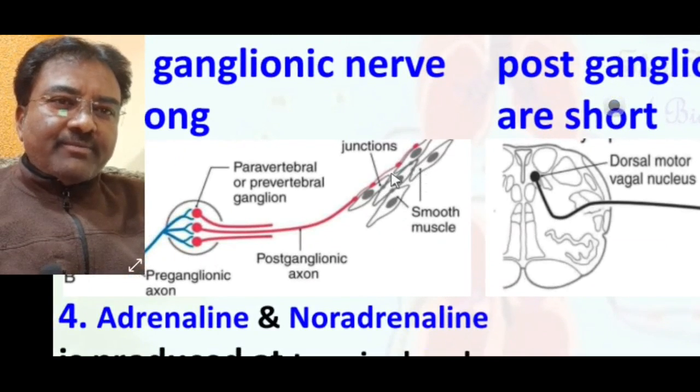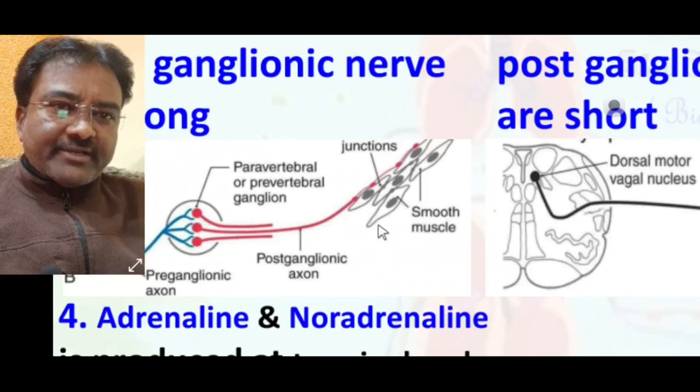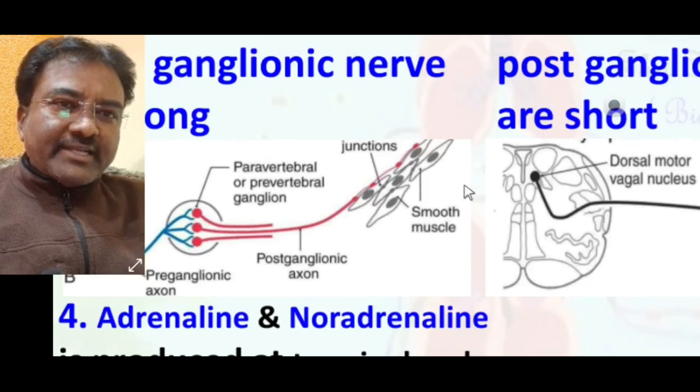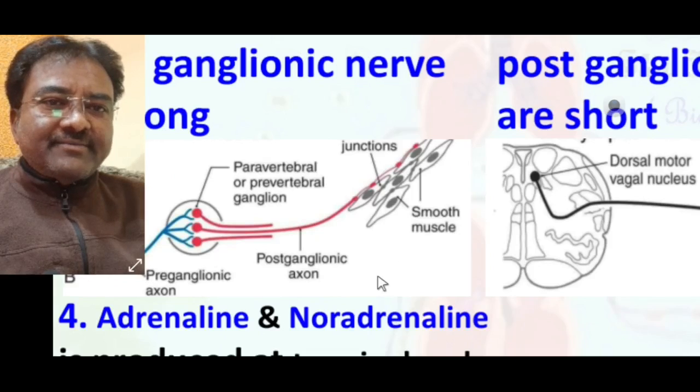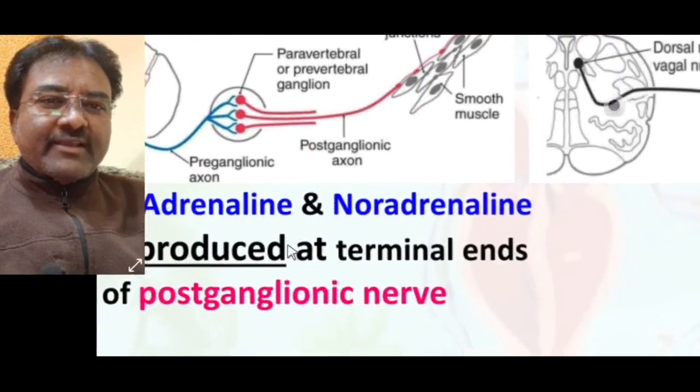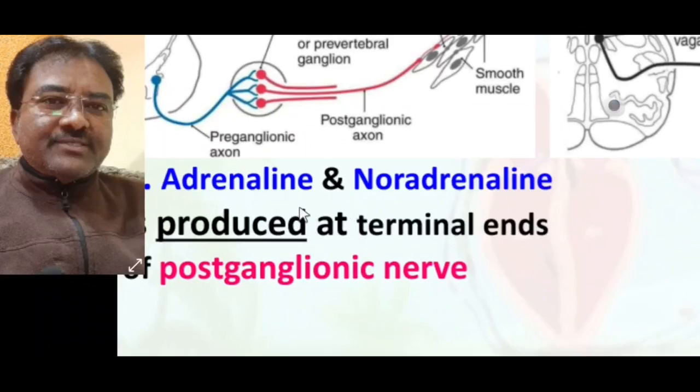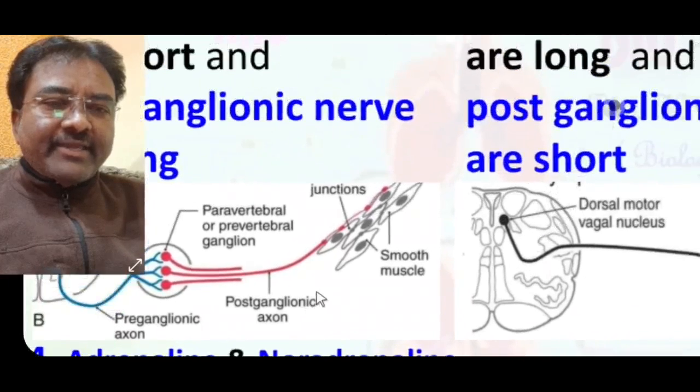The terminal portion of the postganglionic neuron is connected to effector organs like smooth muscles, cardiac muscles or glands. The terminal part of the postganglionic nerve produces adrenaline and noradrenaline chemicals.